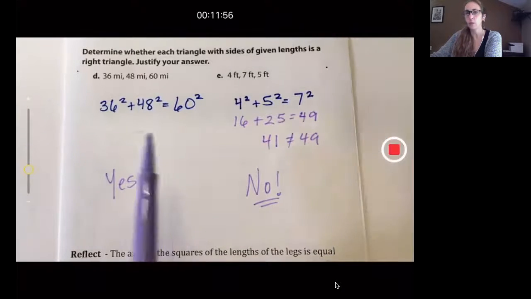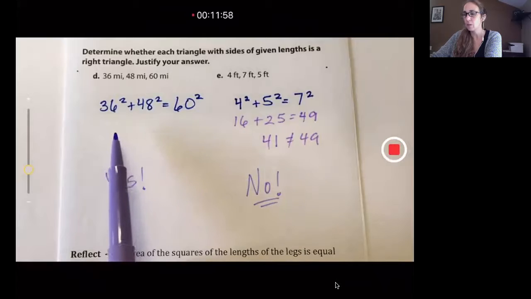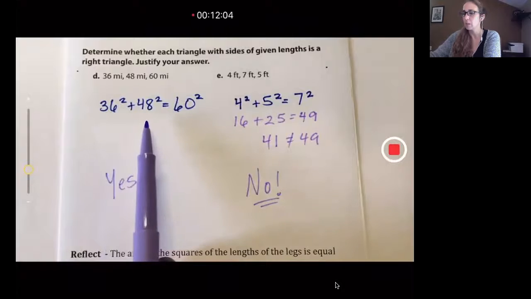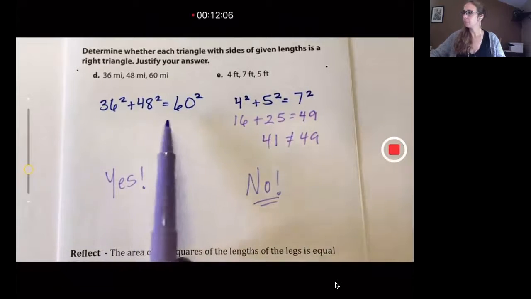But these two will equal the same. And you do need to make sure that you're probably using a calculator here. It'll take you a little while if you don't. But these two will come out equal.